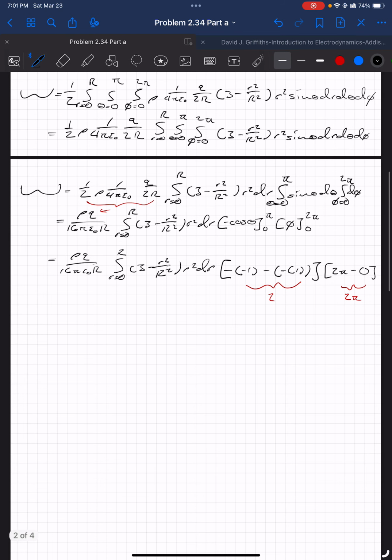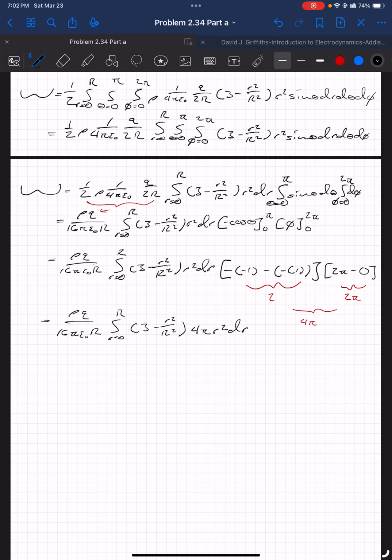And so we will end up with, without taking that first integral still, rho times q over 16 pi epsilon naught large R times the integral r from 0 to large R of 3 minus small r squared over large R squared, multiplied by small r squared dr. And on the outside there, we will have 4 pi, from 2 times 2 pi is 4 pi. So we'll have 4 pi r squared dr now.